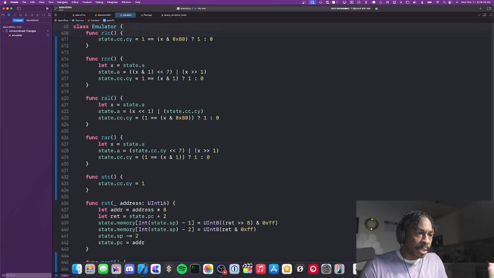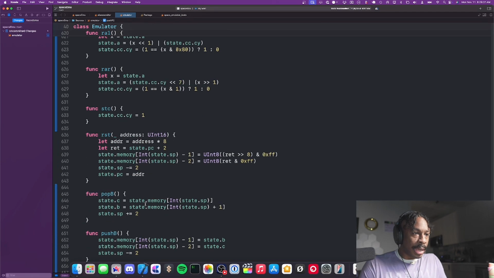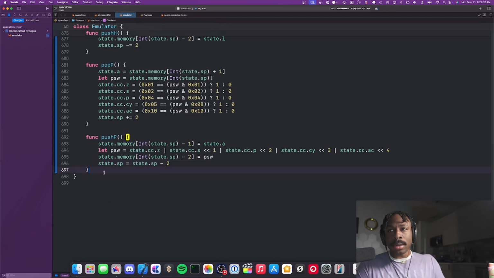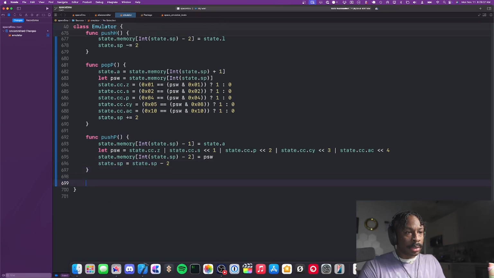And then there are 2 more instructions that we need to implement. There's SPHL, and that moves the HL register pair into the stack pointer, thus moving the stack pointer's address.